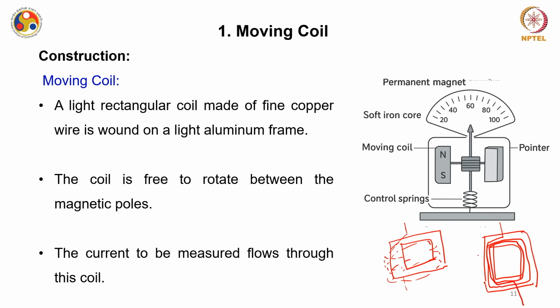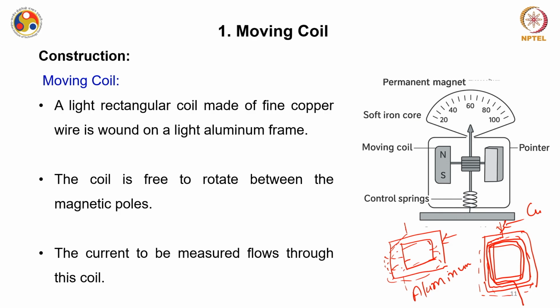This rectangular block is made up of, say, aluminum, and this wire is made up of copper. So this insulated copper wire is wrapped like this, and the current which is under measurement flows through this wire like this. Now this coil is free to rotate between the magnetic poles.